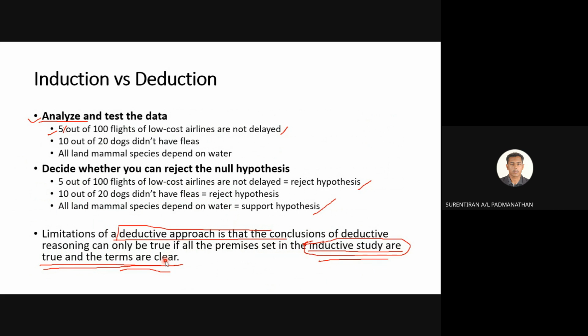So if there are any mistakes or incorrect formulas or theories included in the previous inductive research, then it might affect the deductive research as well. So it is very important for those who are doing the inductive research, coming up with new theories.